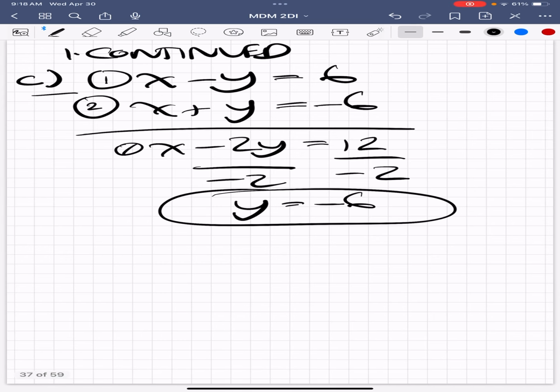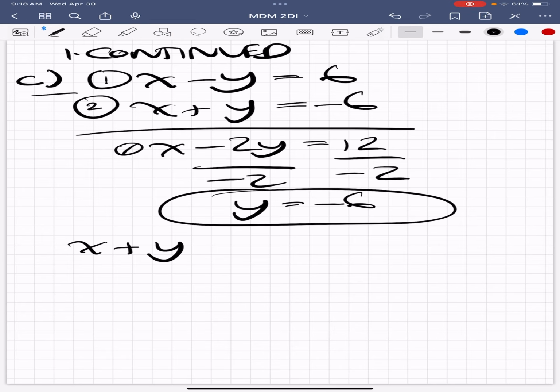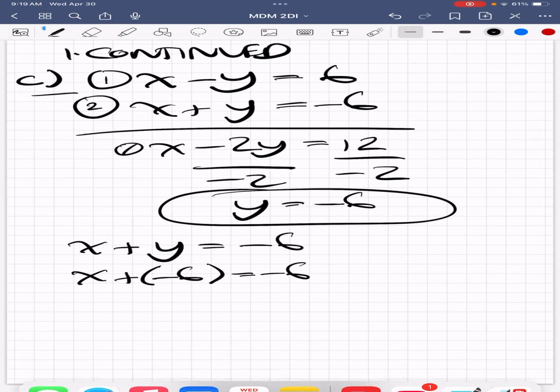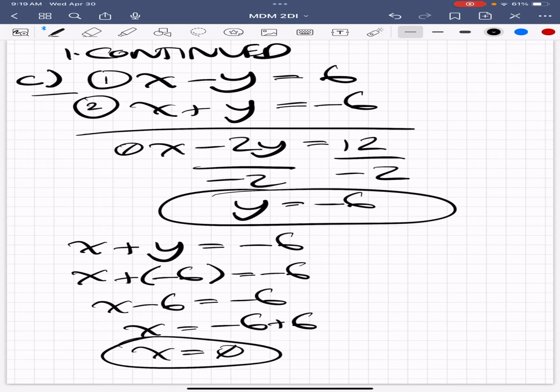We're going to sub our answer into equation 1 or 2. In this case, it's going to be equation 2. We're going to calculate the remaining coordinate of the POI.